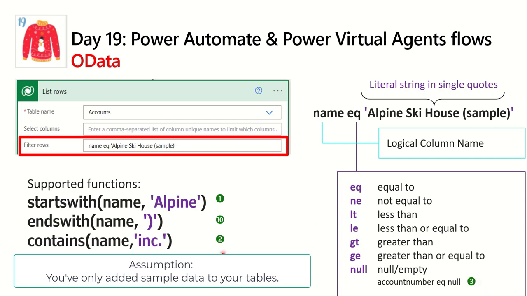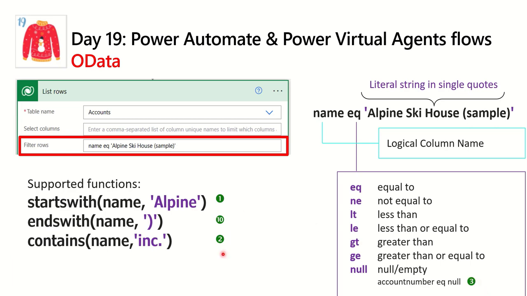If you don't get that number back, either you're not using only sample data or you did something wrong. These are the numbers you should get back. If I do account number equals null, by default, the sample data is missing the account number for 3 different accounts. Sometimes I fill them in just for consistency's sake, but if you don't fill them in, you'll get 3 back.